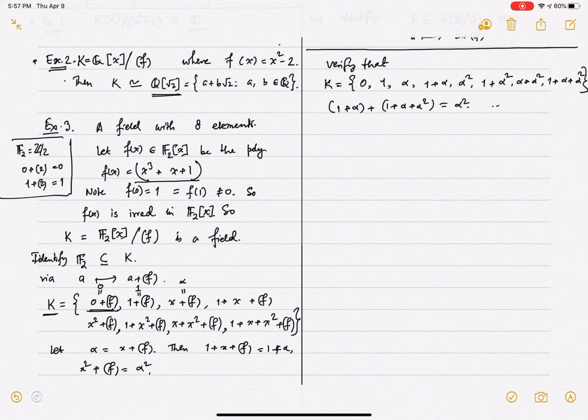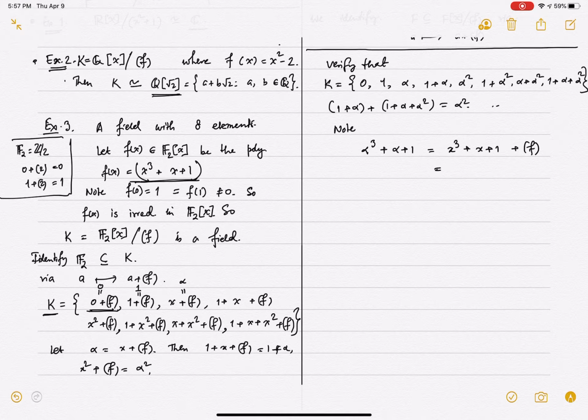What about the multiplication? To know the multiplication, you have to realize, note that alpha cubed plus alpha plus 1 is the coset of x cubed plus x plus 1. But x cubed plus x plus 1 is your f.